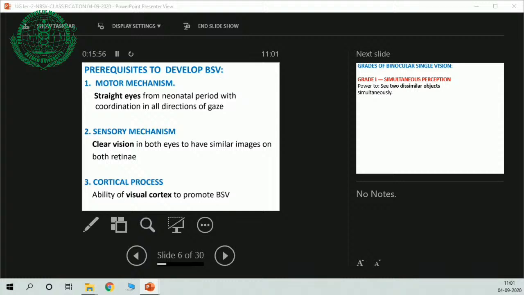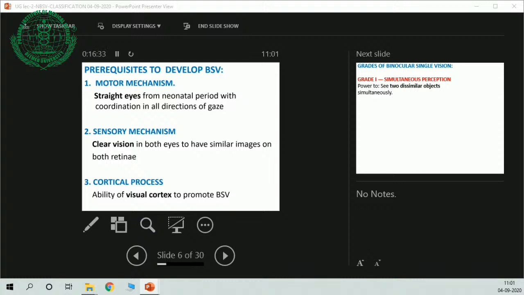Now coming to the motor mechanism, yesterday we saw that the normal, straight ahead position means straight eyes, parallel eyes, no deviation. These requirements are necessary to have binocular single vision. Suppose the motor mechanism is affected, suppose there is paralysis of the lateral rectus, the eye will deviate towards the medial side, it will not abduct. So it will go into the position of eso deviation, inward deviation, that is called eso deviation.